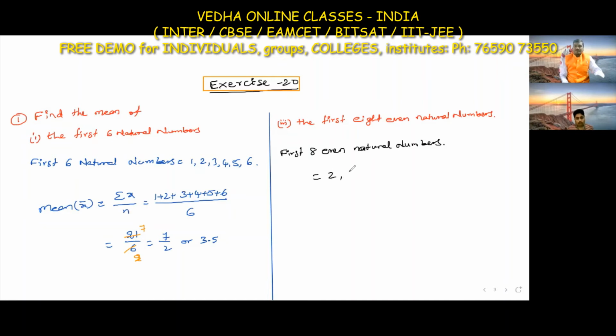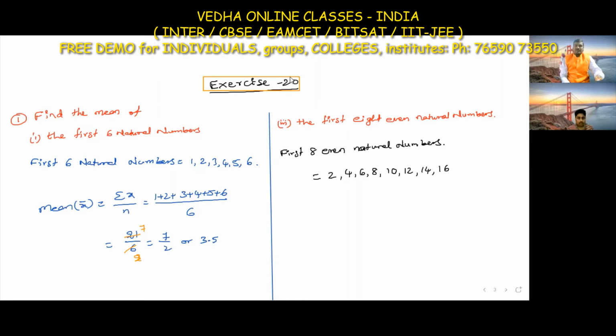What are they? 2, 4, 6, 8, 10, 12, 14, 16. Are 8 done? Yes, 8 are done. So now he is asking for the average.